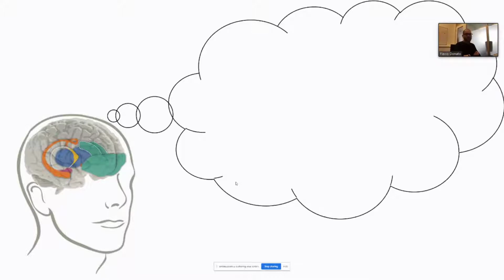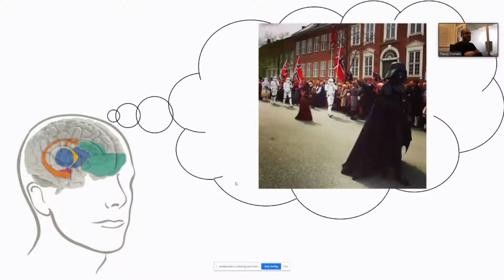People create parades in Trondheim in which those belonging to an association decide to go together and march through the parade. In particular, there is one group of Star Wars aficionados that goes around the city dressed as characters from Star Wars. So it might happen that you are in Trondheim on the 17th of May and you bump into Darth Vader and the stormtroopers.